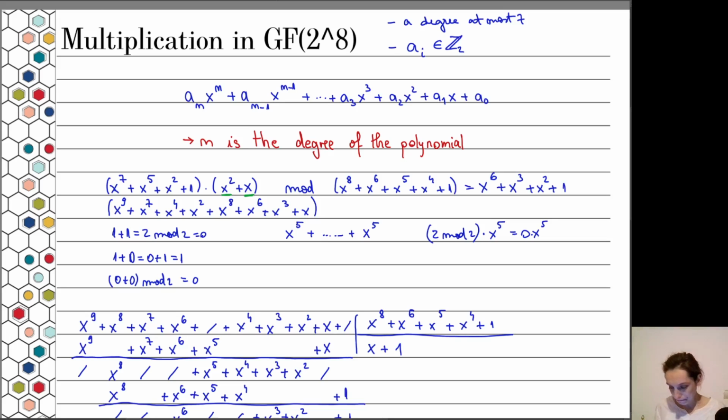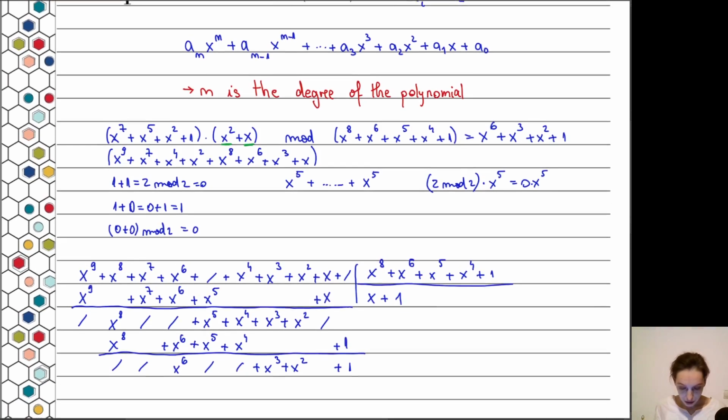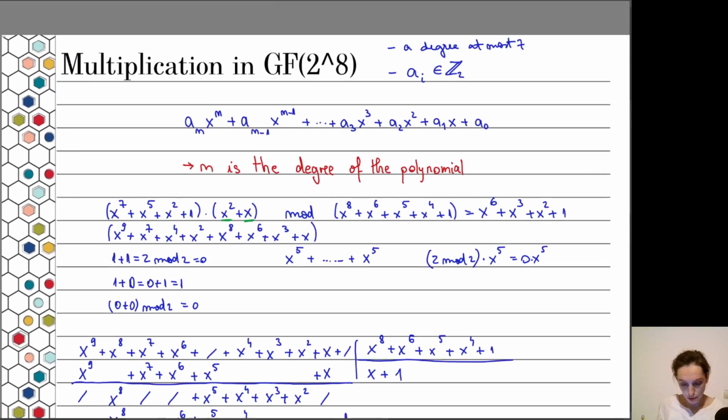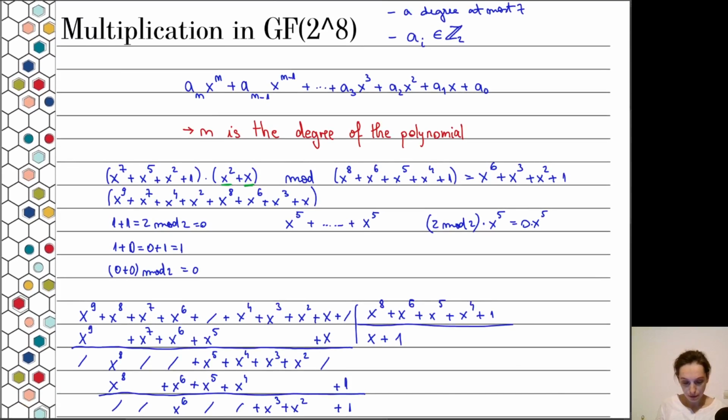Okay, that's a way of how we can multiply these two polynomials and reduce the result modulo an irreducible polynomial. Okay, in the next video we will see another method to multiply these two polynomials.